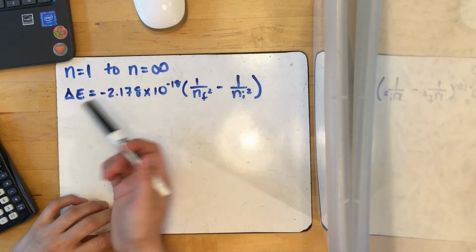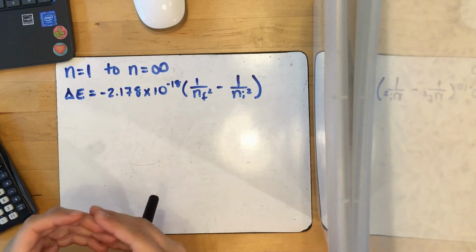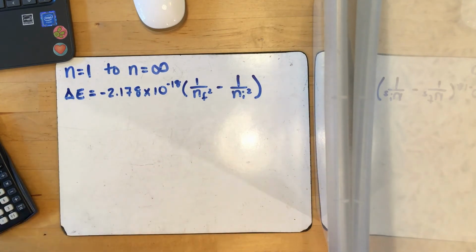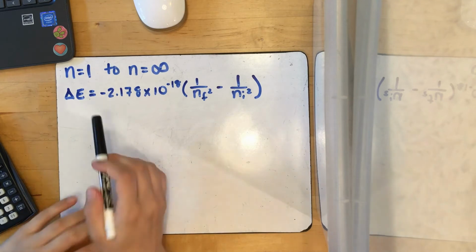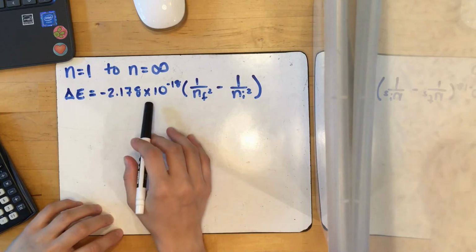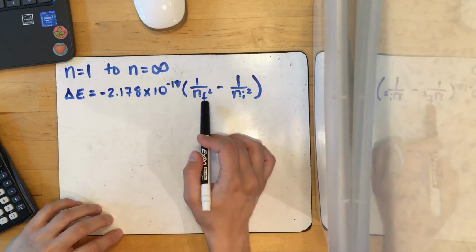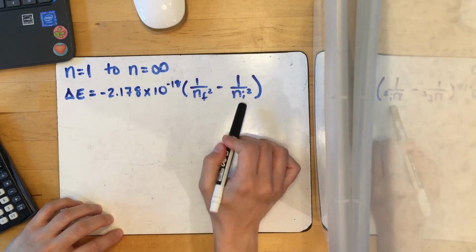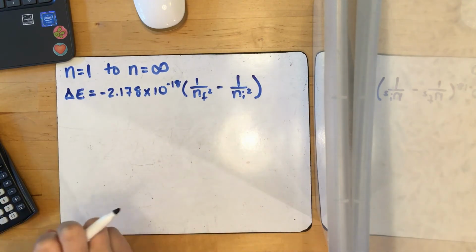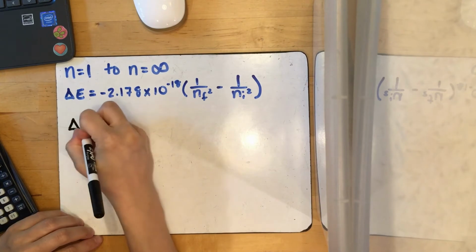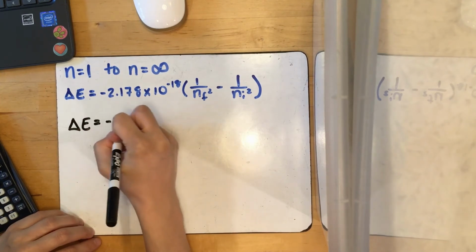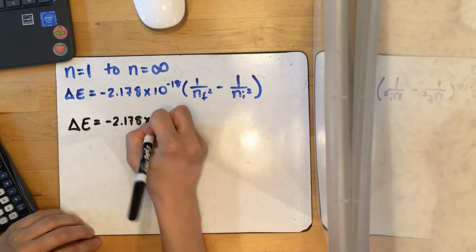We don't use 0 because 0 would represent the nucleus, because the smaller the number gets, the closer it gets to the nucleus. So we're going to use the same equation again. This time n final will be infinity and n initial will be 1. So we're going to plug those in.